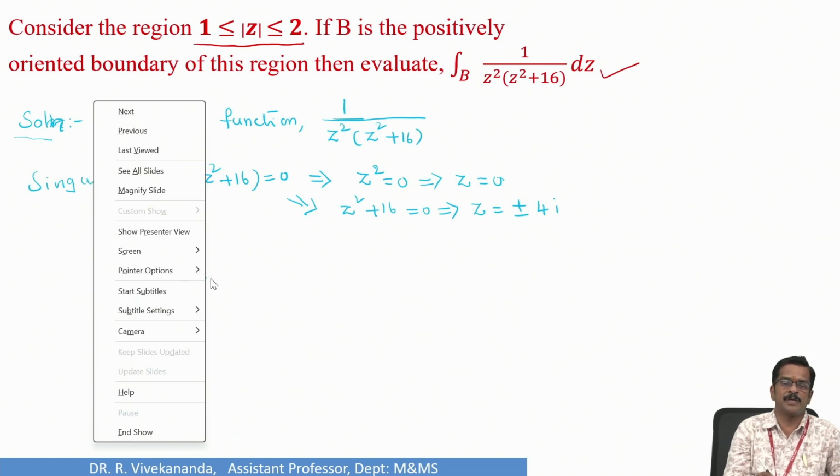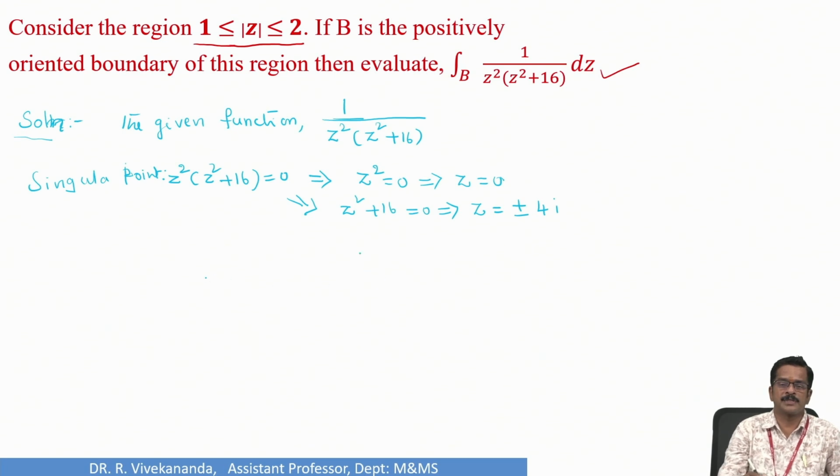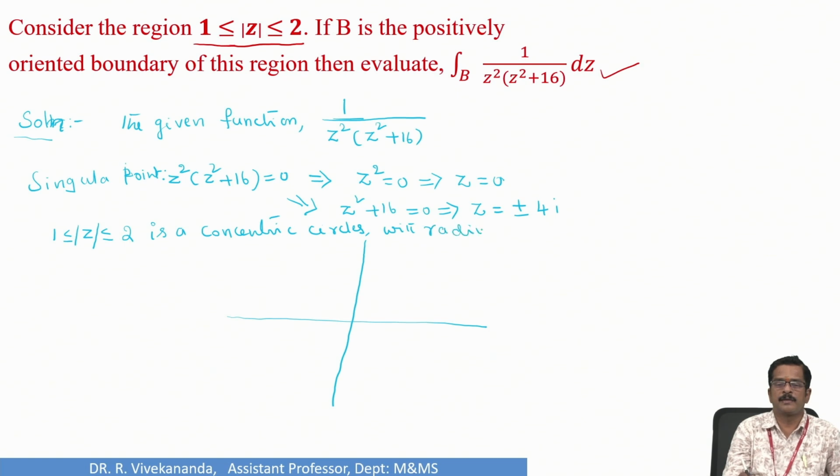We name the region B. I am just drawing that region here. The region 1 less than or equal to mod z less than or equal to 2 is nothing but concentric circles with radii 1 and 2.